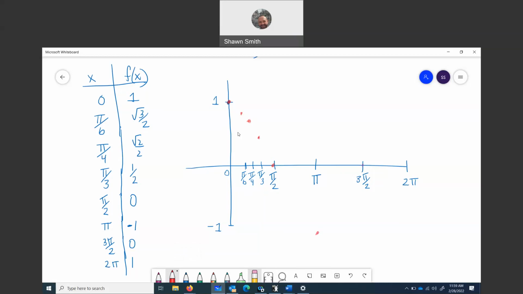Then at 3 pi over 2 at 0. And then we're up here at 1. So if I connect the dots, it's supposed to be a nice smooth curve, just like it was with the sine graph. So do that. It's not a straight line. So it comes down to a minimum right there, and then turns around, goes back up. This is terrible. Let me see if I can connect my dots better than that. Do a thicker pen.